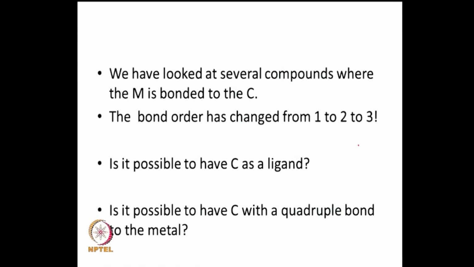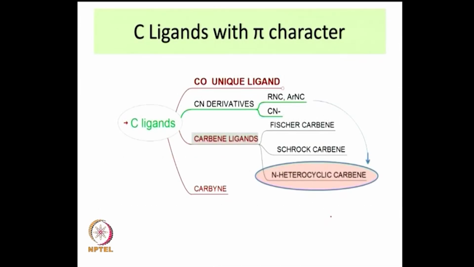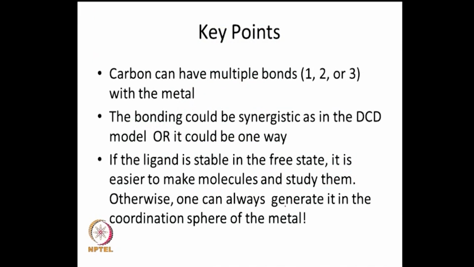We have looked at the possibility of a carbon metal bond order of 3. Can we have a quadruple bond between the metal and the carbon? This is again something that we need to explore later as well. So, to summarize, let me say that we looked at heteroatom stabilized carbene complexes. We looked at n-heterocyclic carbenes, and the key points that we have learnt is the following.